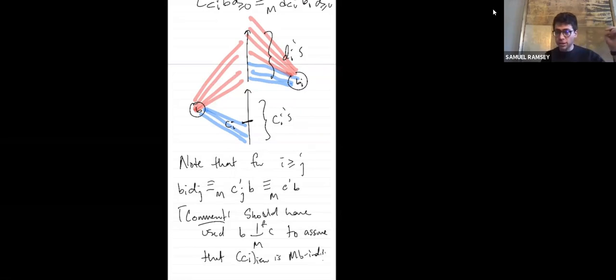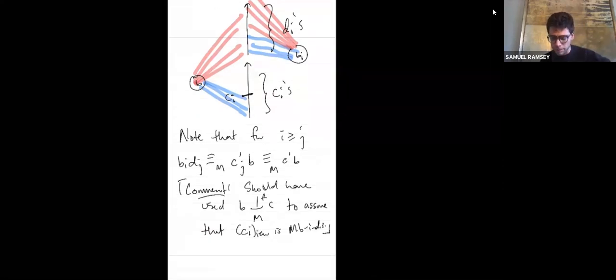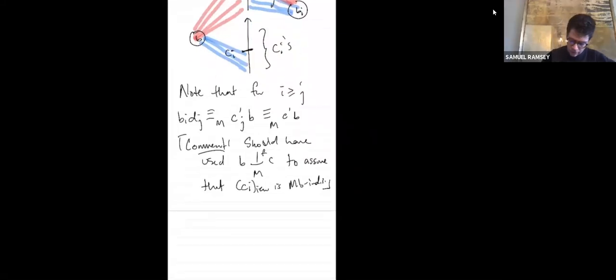So I forgot to use this hypothesis, and this is where we use it. When I chose the sequence of C's, that's an M-indiscernible sequence that starts with C. So of course I can assume that it is indiscernible over MB, using the fact that B and C are independent. That's why I have this fact that C'_j has the same type as C' B. So I just missed that comment.